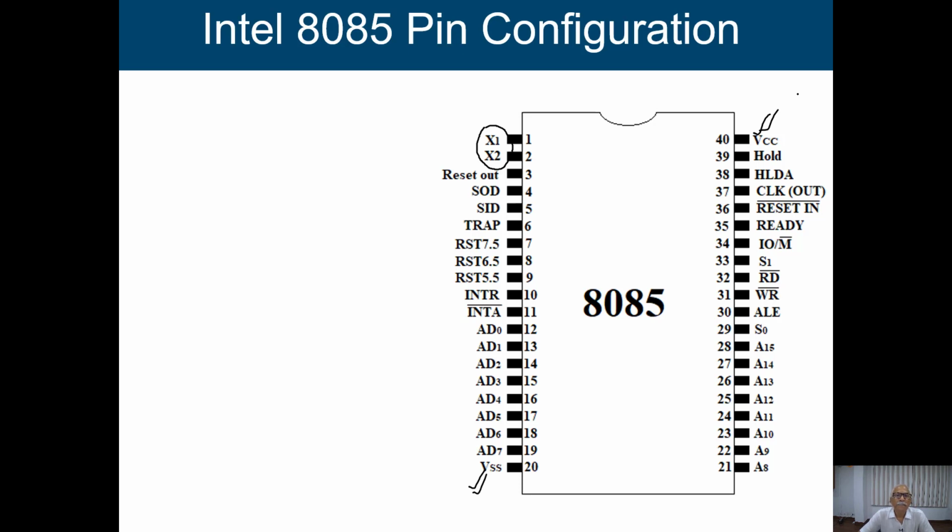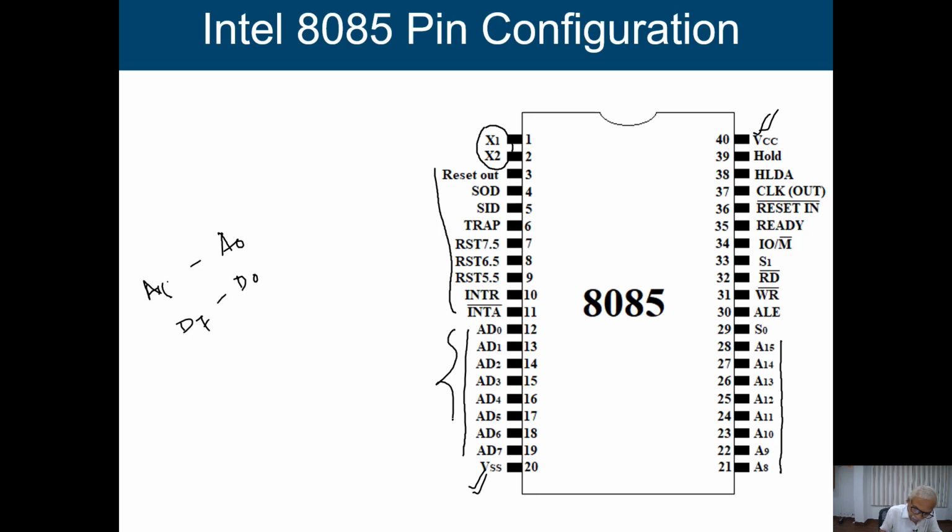These are some control signals related to interrupt control: interrupt acknowledgement, reset, trap, SID. Then we have AD0 to AD7 and A8 to A15. These are the lines for my data bus and address bus, where the address bus is A0 to A15 and the data bus is D0 to D7, and these are the lines carrying the multiplexed data and address.